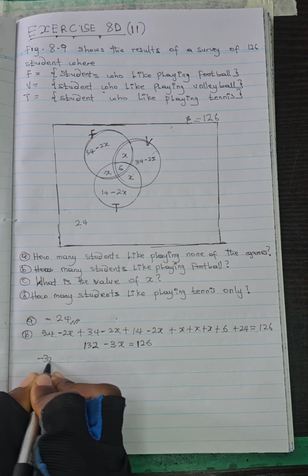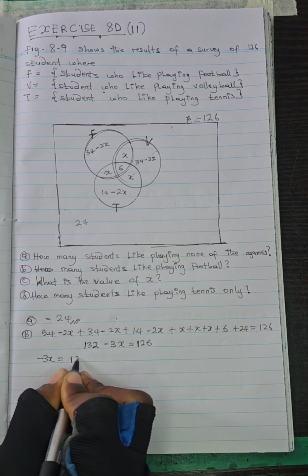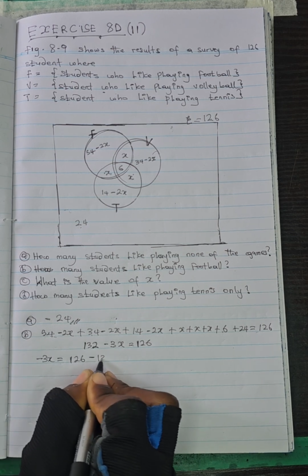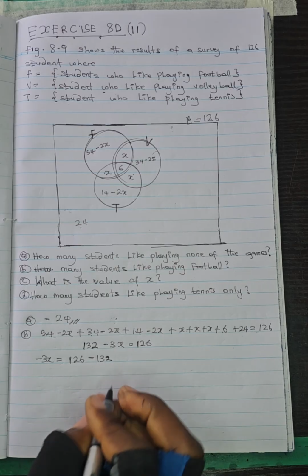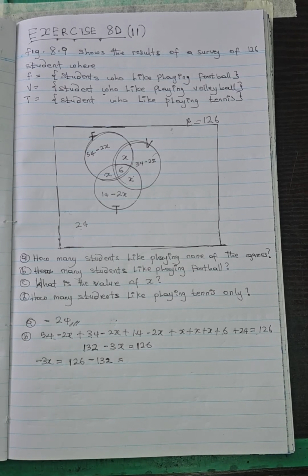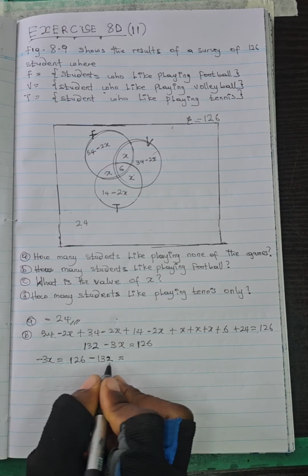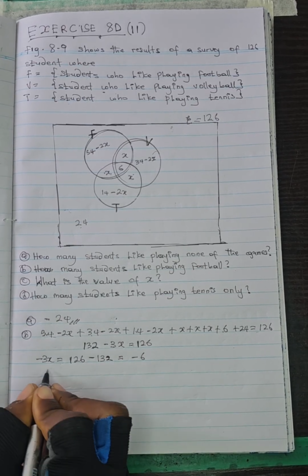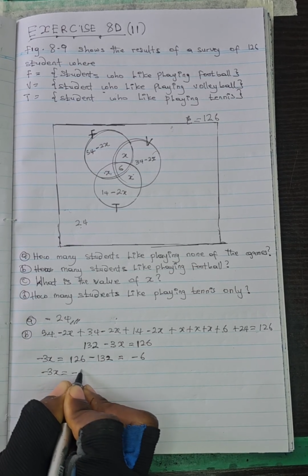We have minus 3x equal to 126 minus 132, which gives us minus 6. So minus 3x is equal to minus 6.